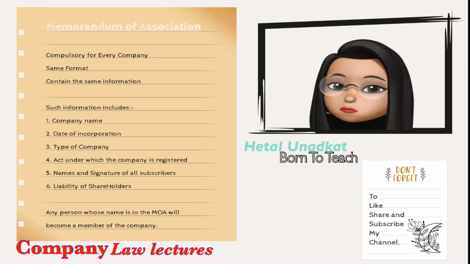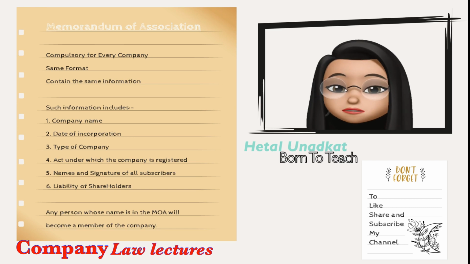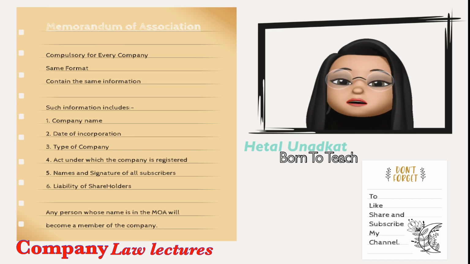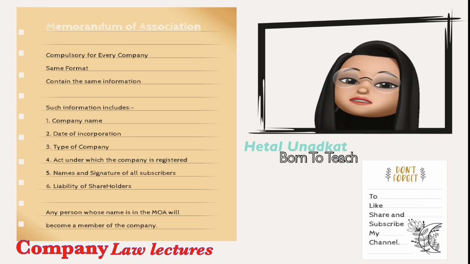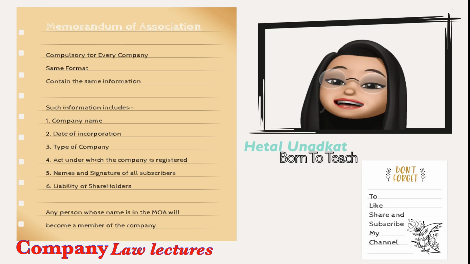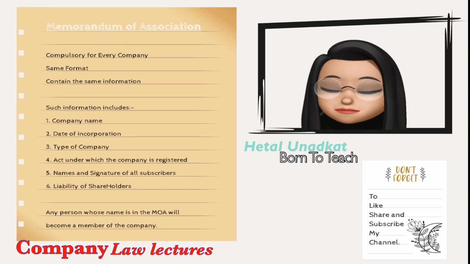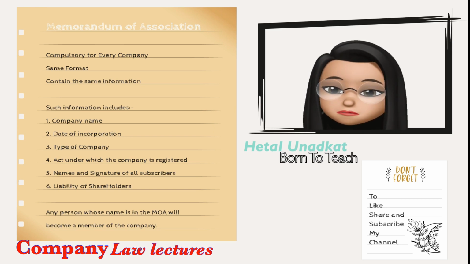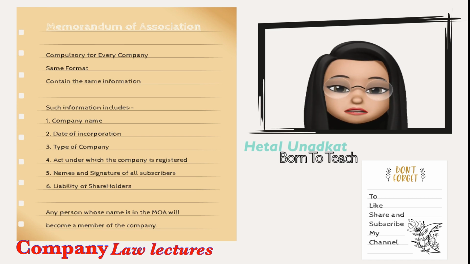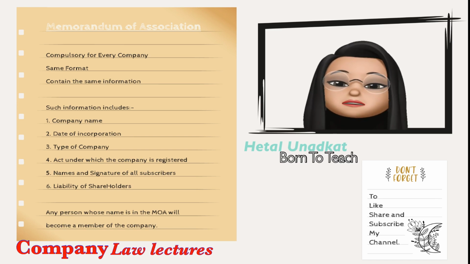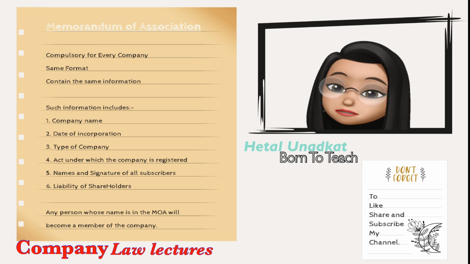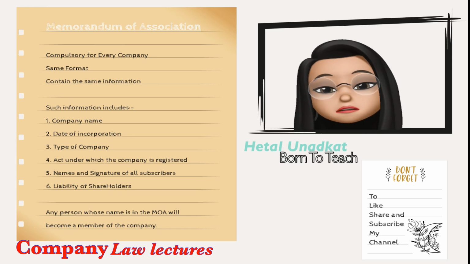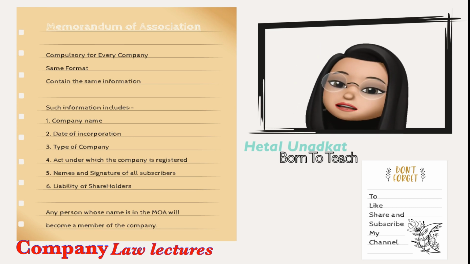You have to note one thing here. Any person whose signature is in the MOA will become a member of the company. By the titles, we can conclude that this document provides basic information about the company: the company name, the type of company, the act under which the company is registered, etc. Any person who wants these details can go to the registrar office of the company and demand this document.